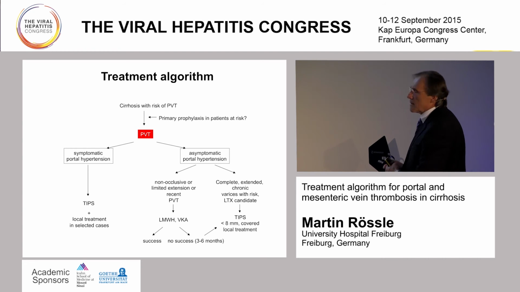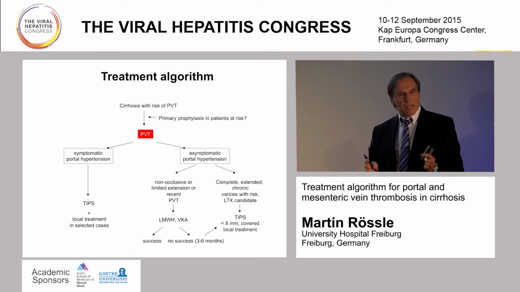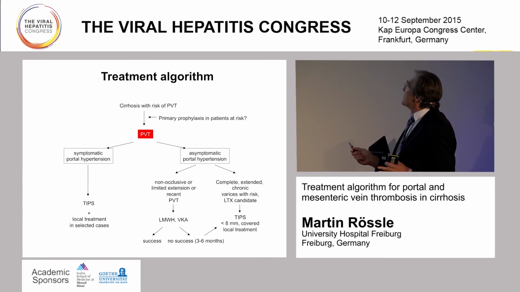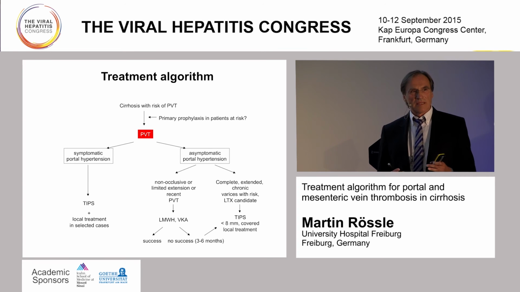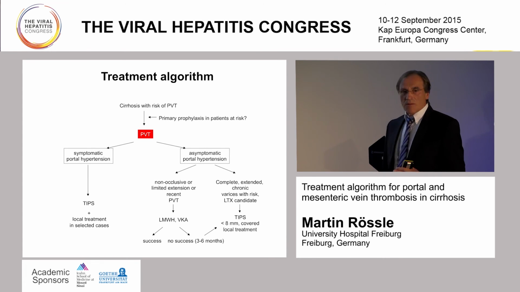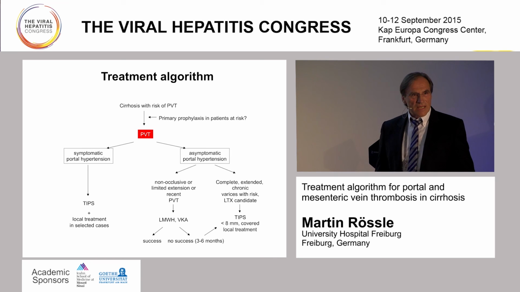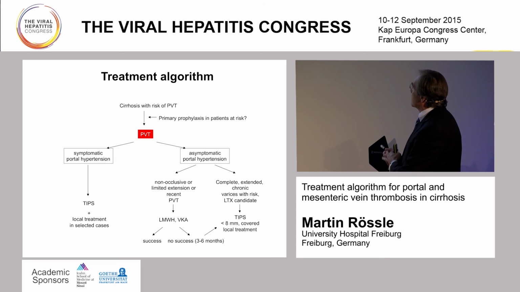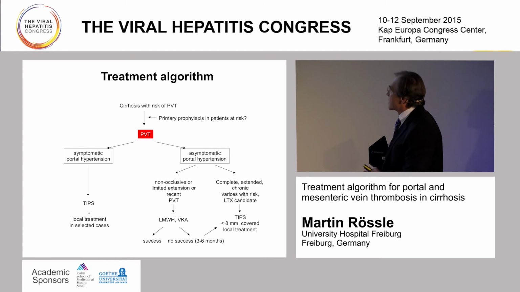You may not have to implant wide TIPS, because in this group of patients, we do not look at the pressure reduction. The patient is asymptomatic, but we would only like to have acceleration of the portal vein flow velocity to prevent further thrombosis and to resolve this thrombosis, which was the reason for the TIPS implantation.